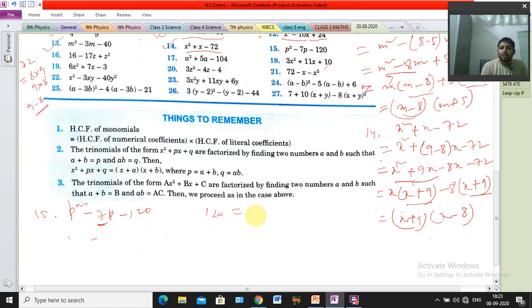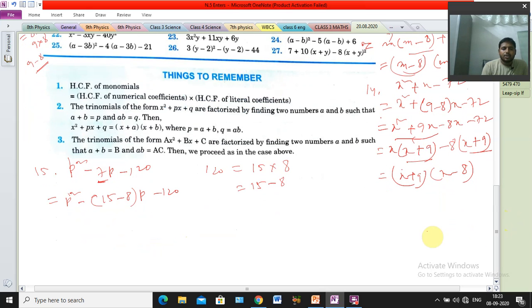How to do? Directly we can do it. 15 into 8 is 120, and 15 minus 8 is 7. Yes, 7 is coming. So we can write p square minus, instead of 7, (15 minus 8)p minus 120.